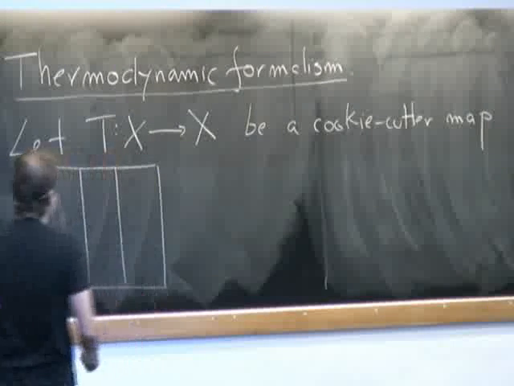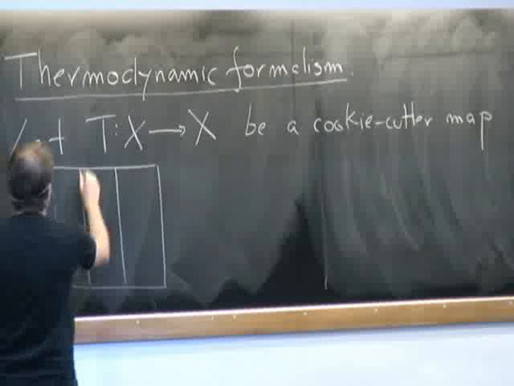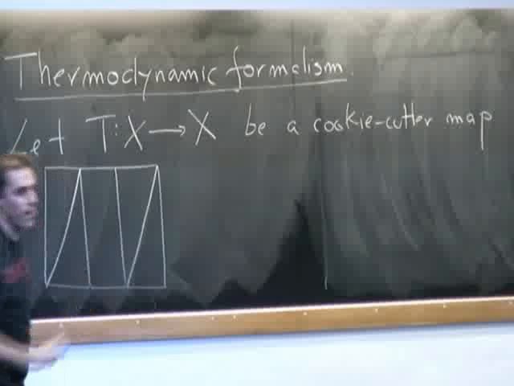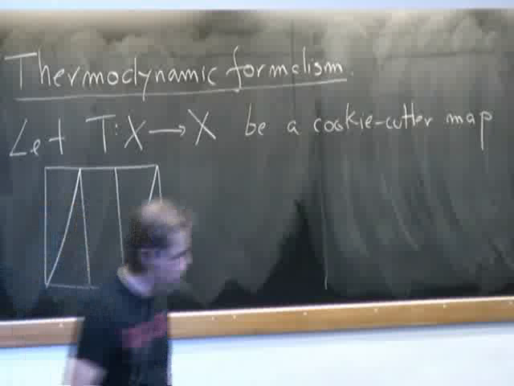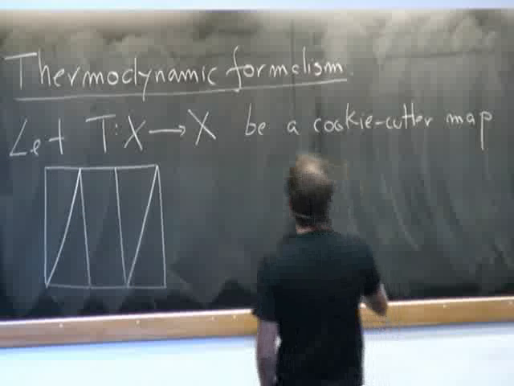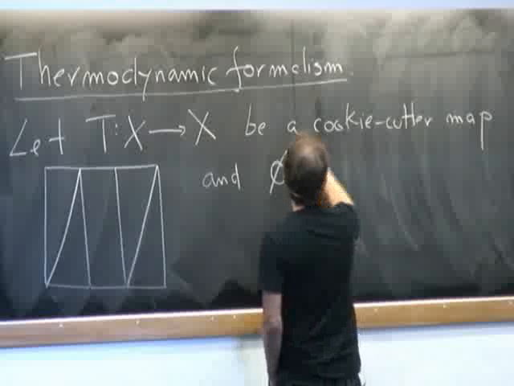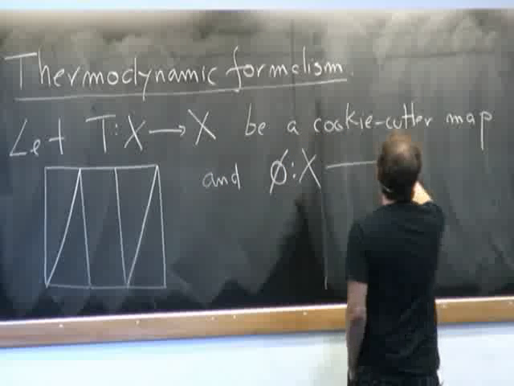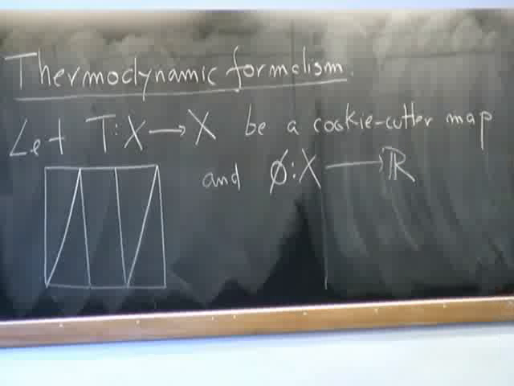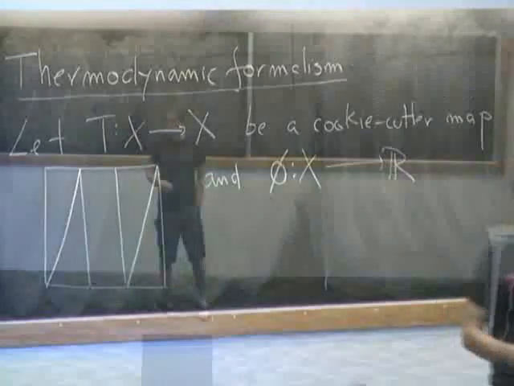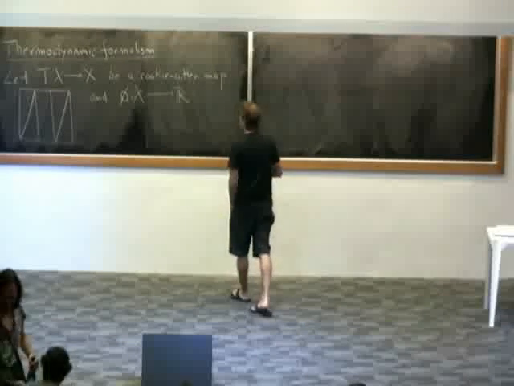In the cases I'm going to consider today, everything's going to be linear, so even better. And I also need a potential, which is a function that goes from X to R. Our dynamical system is somehow good, in the sense that it's uniformly hyperbolic and it has lots of good properties.